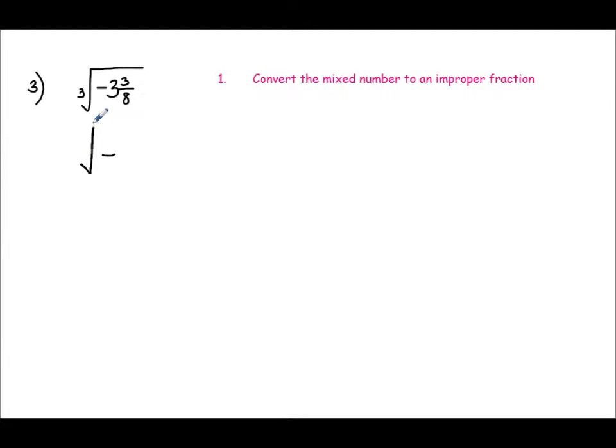We are still finding the cube root, but now we're going to say 8 multiplied by 3 is 24, plus 3 is going to be 27 eighths. Just as in the previous examples, we're going to cube root the sign first. The cube root of a negative will be negative.